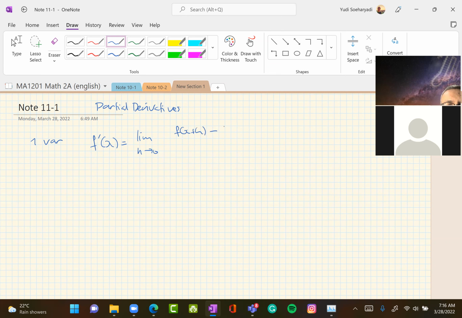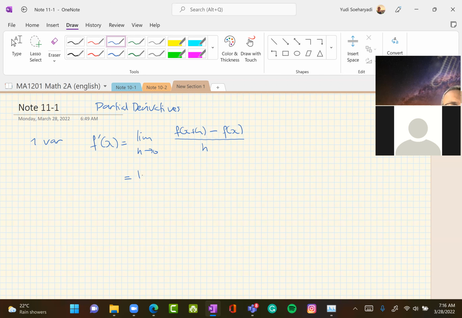So you compute the difference of the value of f of x, and x slightly translated, x plus h, divided by the displacement h.